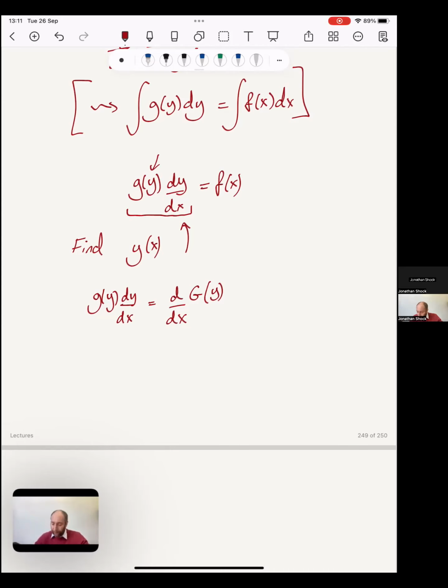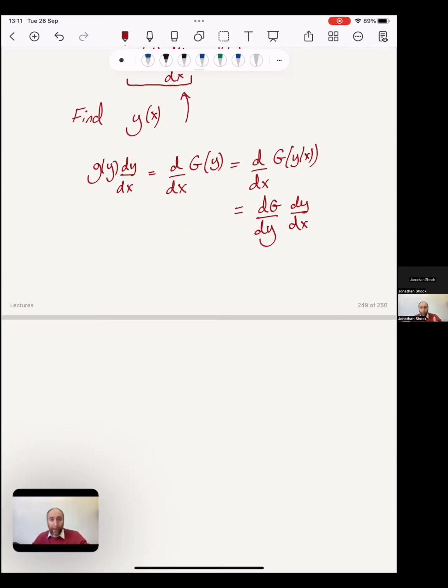So that is to say that this is d by dx of big G of y, which itself is a function of x, and we just use the chain rule here to end up with dG by dy, dy by dx. So you can ask the question then, what does this G need to be in order for this to make sense? And the answer is that dG by dy must be little g of y.